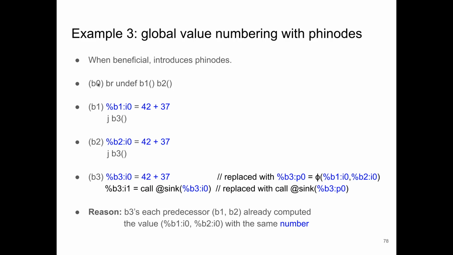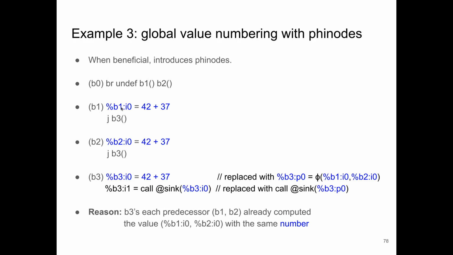So from B0, it is either jumping to B1 or B2, and in both B1 and B2, it is computing the same thing, and in both blocks, it is immediately jumping to B3. And here it is going to compute the same thing. Again, there are a lot of redundancies here, but you can see that no register is dominating another among these three.